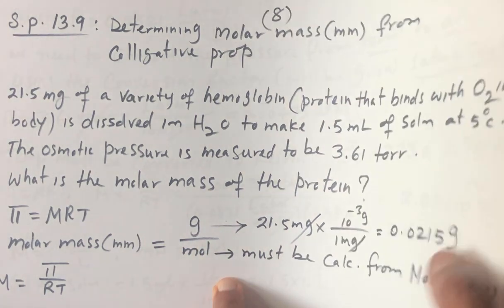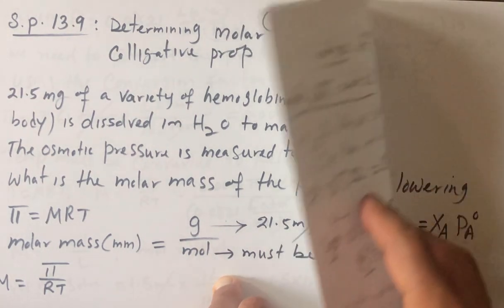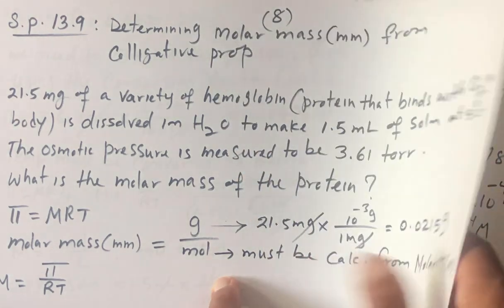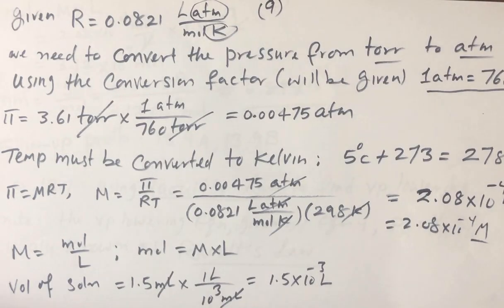So let's take a look at the next page and see how we can calculate the M so we can calculate the molarity. So in the next page, you see that R is given to us as 0.0821, but we have to do some unit conversion, because the pressure is given to us in units of torr and needs to be converted to atmosphere because R is in atmosphere.